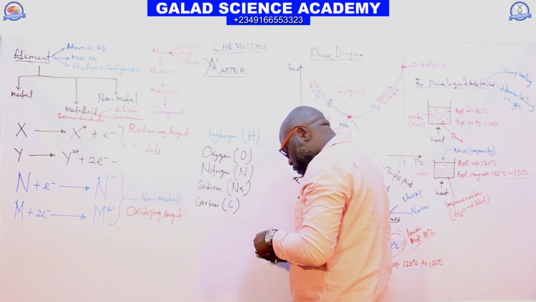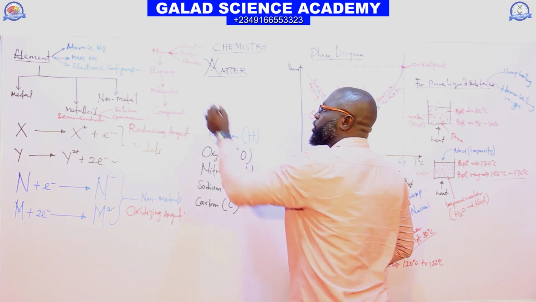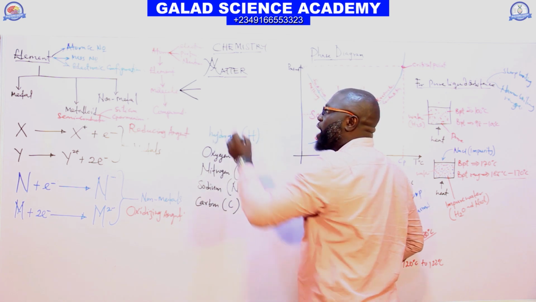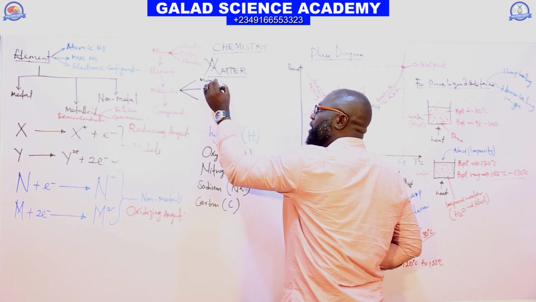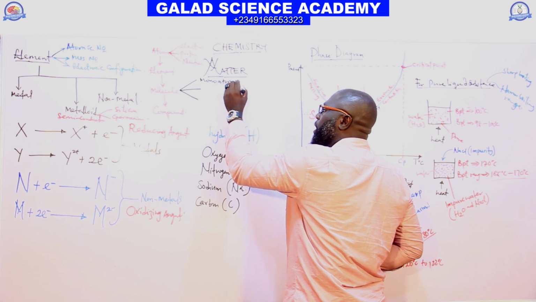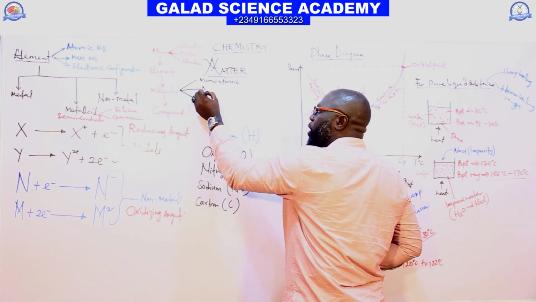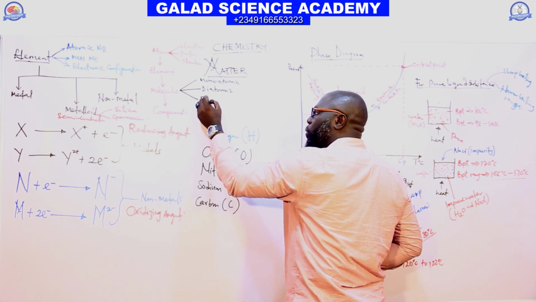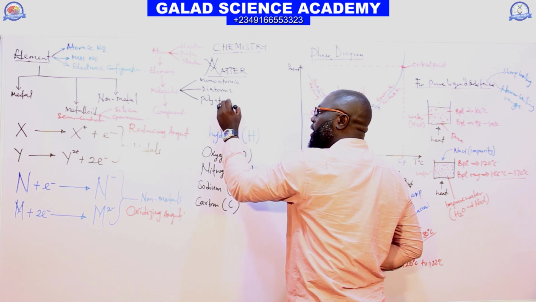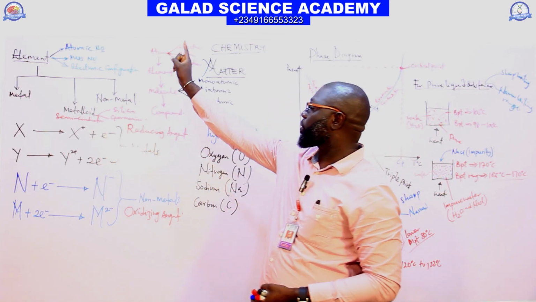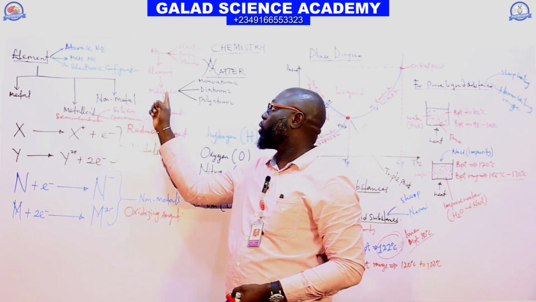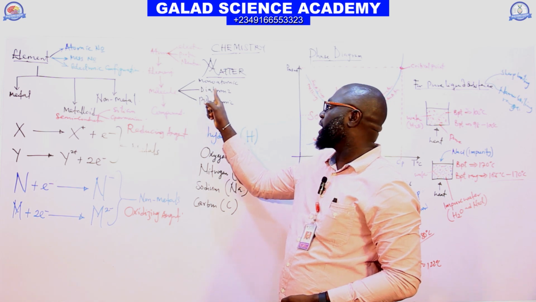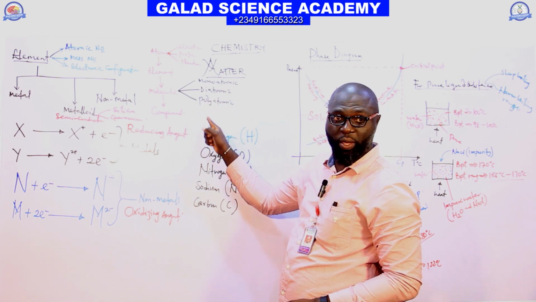This molecule is divided into three parts: we have monoatomic molecule, diatomic molecule, and polyatomic molecule. So the molecule can be classified into three: monoatomic, diatomic, and polyatomic.